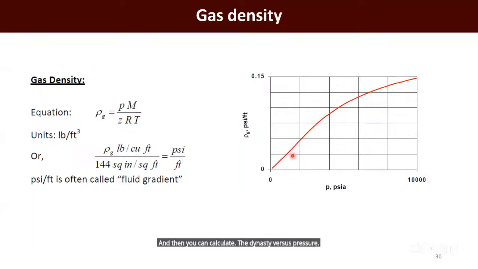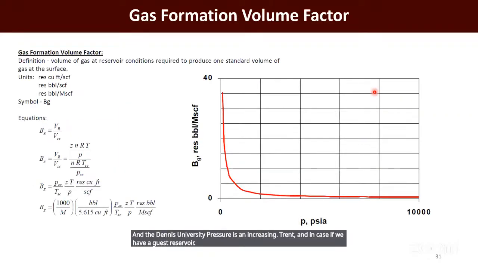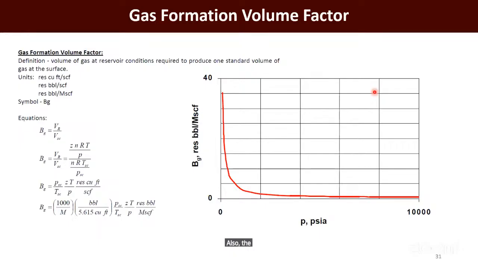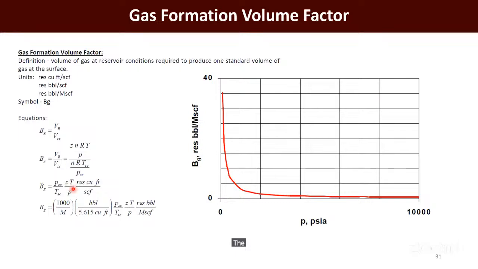The density versus pressure is an increasing trend in case we have a gas reservoir. Also, Bg, or the gas formation volume factor, is a function of the pressure and temperature at standard conditions, where they are constant, the Z that can be calculated from the function that I mentioned, the temperature, and the pressure. If you have them, you can calculate the Bg.